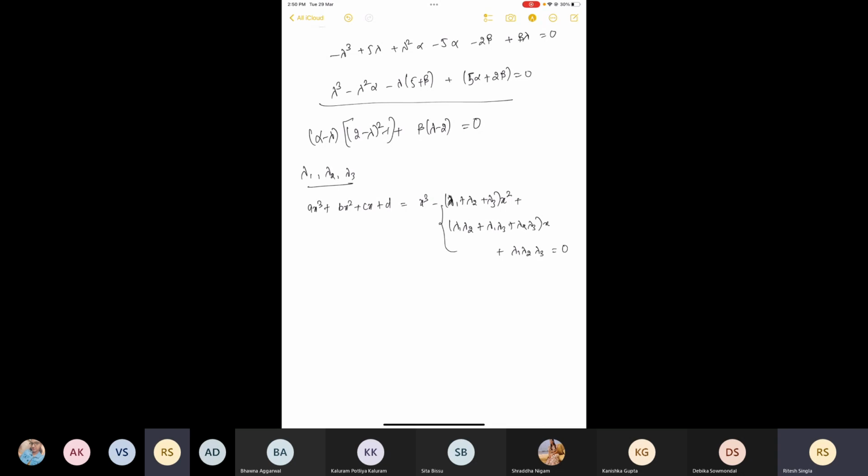So from here you will have three equations in terms of your eigenvalues, and each lambda will be some function of alpha and beta, isn't it?